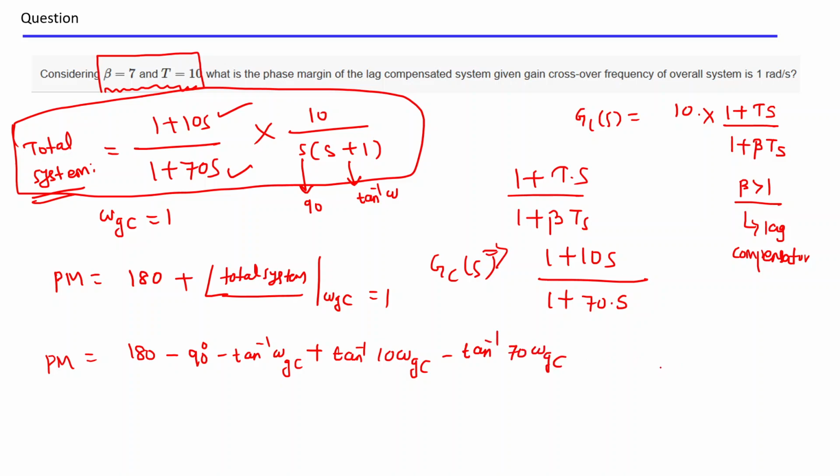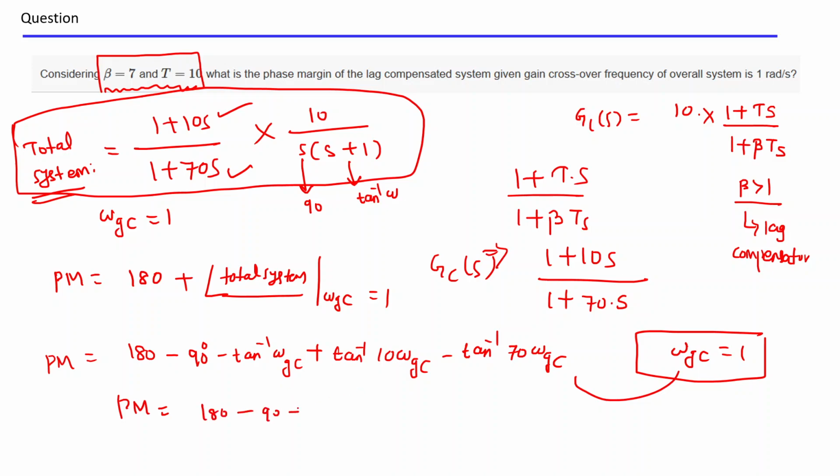Omega gc is given in the question as 1. Put omega gc equal to 1 everywhere. So it will be 180 minus 90, as tan inverse 1 is 45, plus tan inverse 10 minus tan inverse 70. Find out this value and it will give you the phase margin of the system.